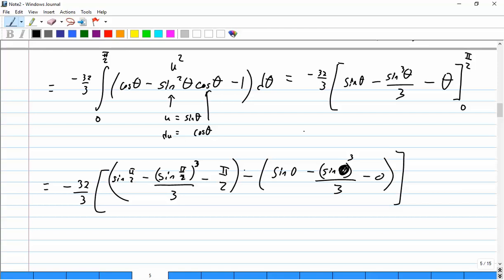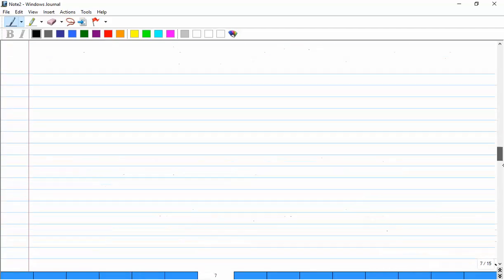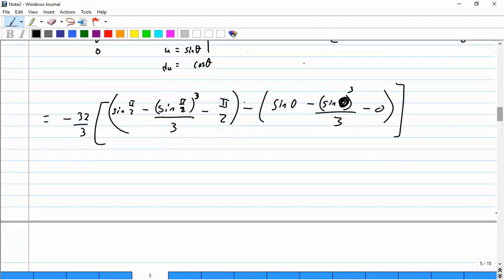Yes, that is 0. So then that's going to be 1 minus 1/3 minus pi over 2, times the negative 32 over 3.